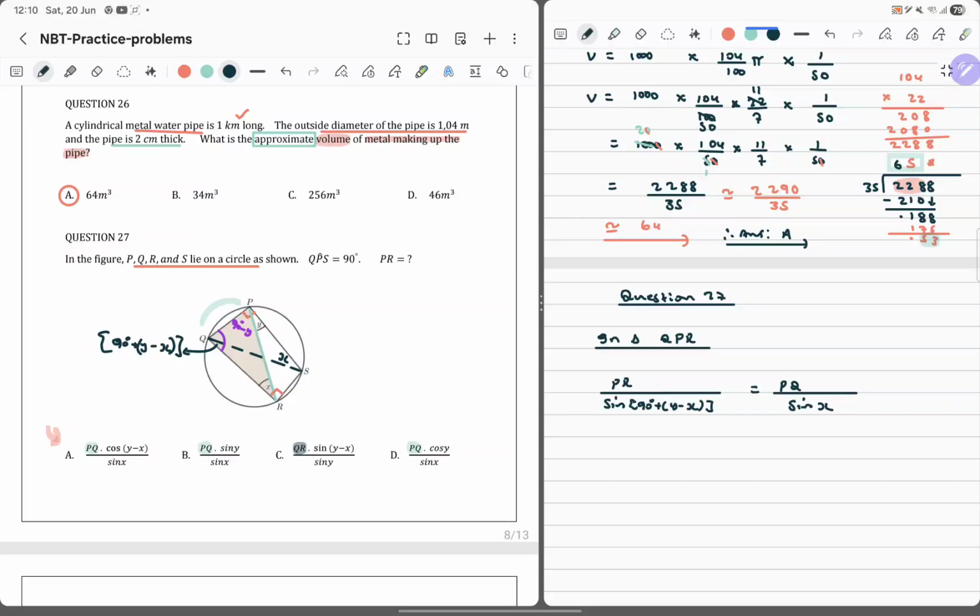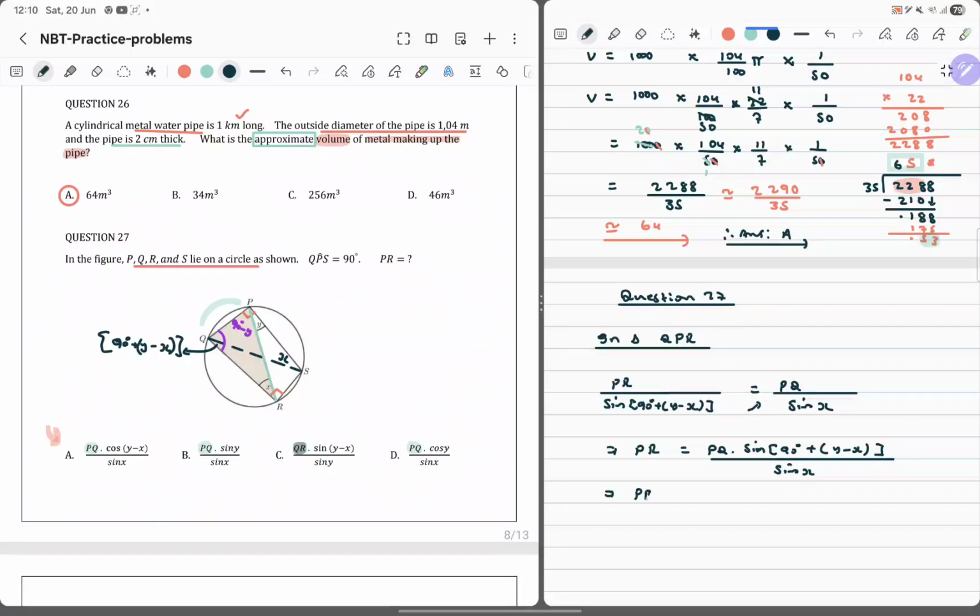Okay, so we are looking for PR, so we cross multiply. PR is going to be PQ times the sine of 90 degrees plus y minus x, all divided by sine x.